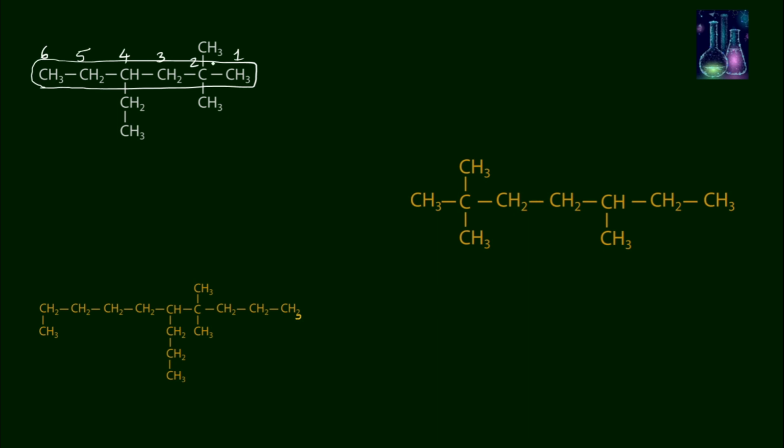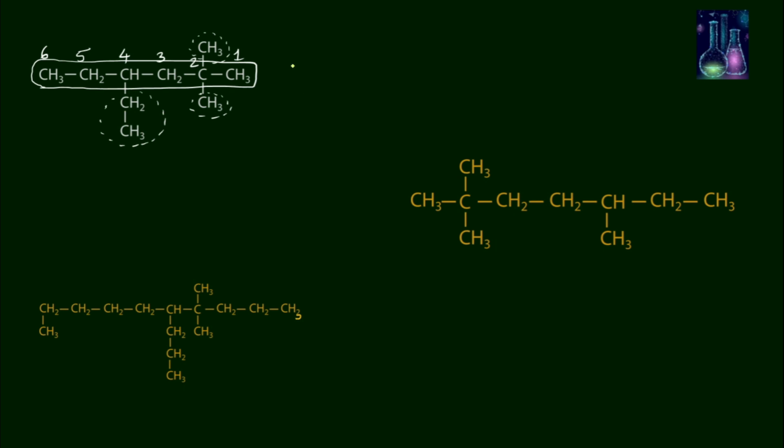If I start from here, the substituents will get the least numbers. If I start from this end, I get 2 for each of the methyl substituents and 4 as the locant number for the ethyl substituent. Now let's write the name. There are 2 methyl groups at position 2, and at the 4th position you have 1 ethyl group. Alphabetically, E comes first.